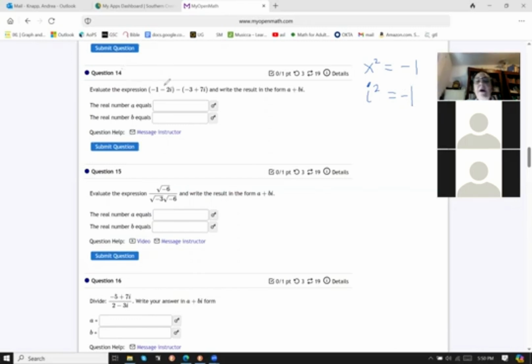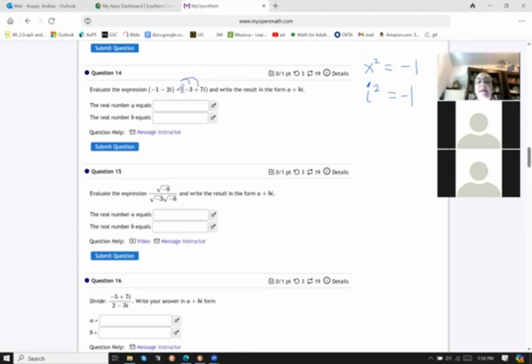We have -1 minus 2i minus this parentheses. Now, when we have minus a parentheses, there's an understood 1 there. It's really a -1 that we're going to distribute throughout this set of parentheses.